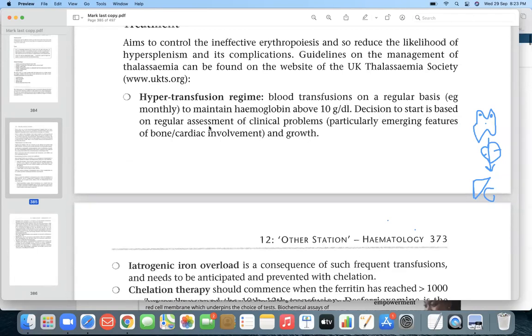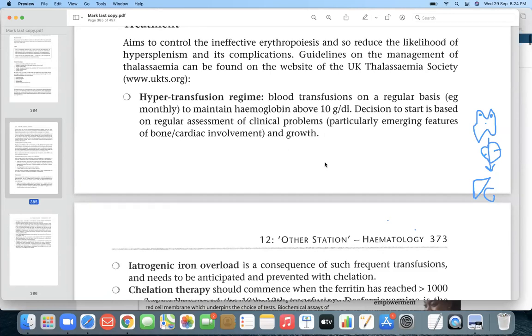The decision to start is based on regular assessment of clinical problems, particularly emerging features, bone and cardiac involvement, and growth. So if you want to put them on a hypertransfusion regime, maintaining hemoglobin at 10 grams with monthly transfusions, you will take the decision to start based on regular assessment of clinical problems, that is, emerging features of bone and cardiac involvement.